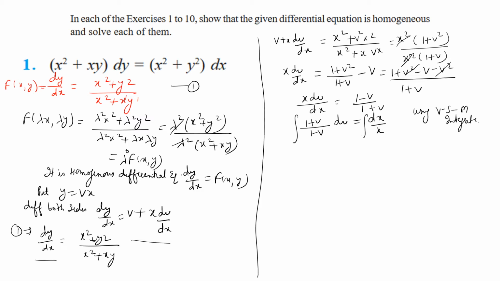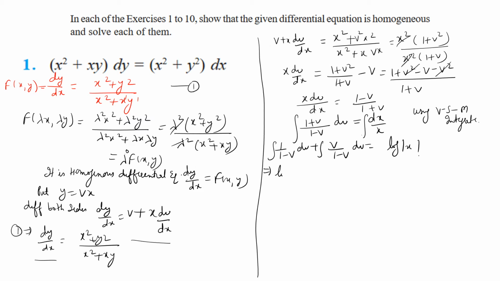For integration, because the degree of the terms is the same, either you can go for quotient plus remainder upon denominator, or you can split it: dv plus v upon 1 minus v dv, and this becomes log mod of x.